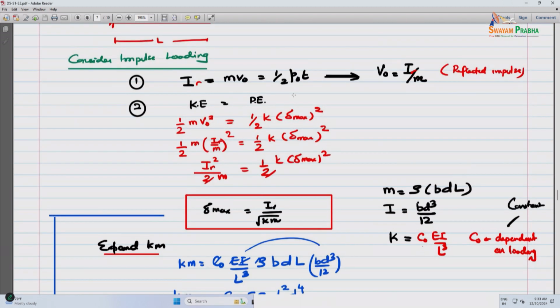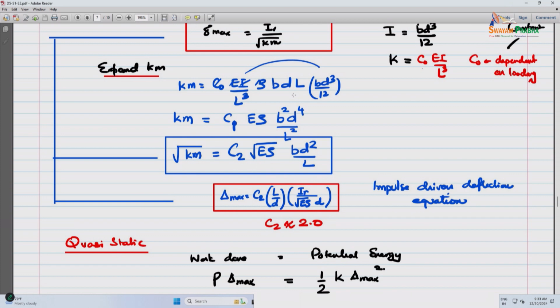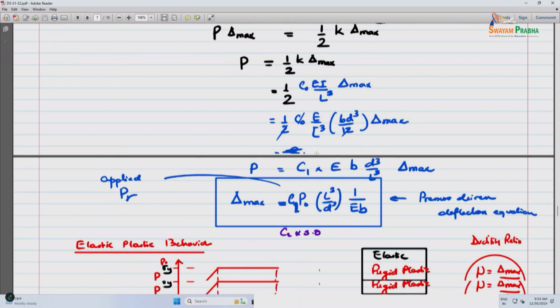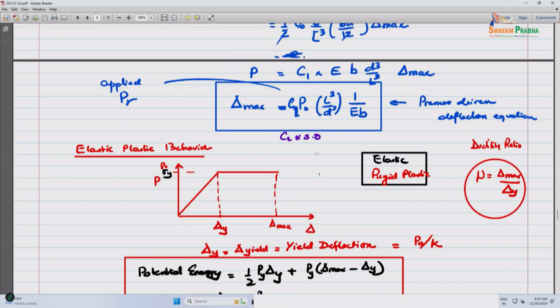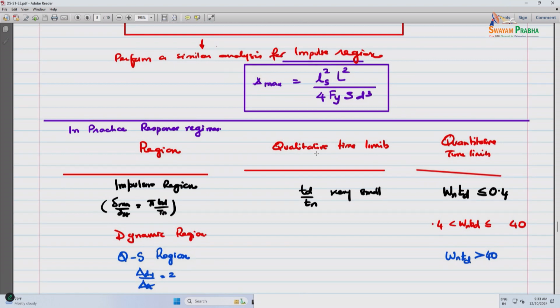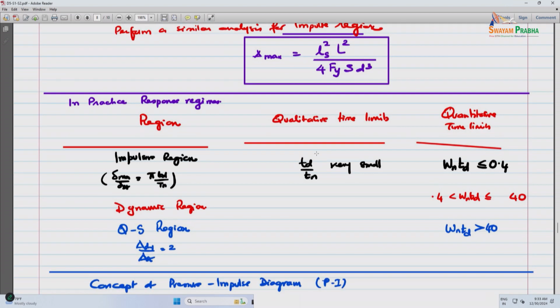So we saw that if you consider impulse loading, then you can write delta max as a function of a constant, L by D, the impulse, E, rho and D itself. And then the delta max is C2 P naught L by EB. In practice, the response regime is given out here.